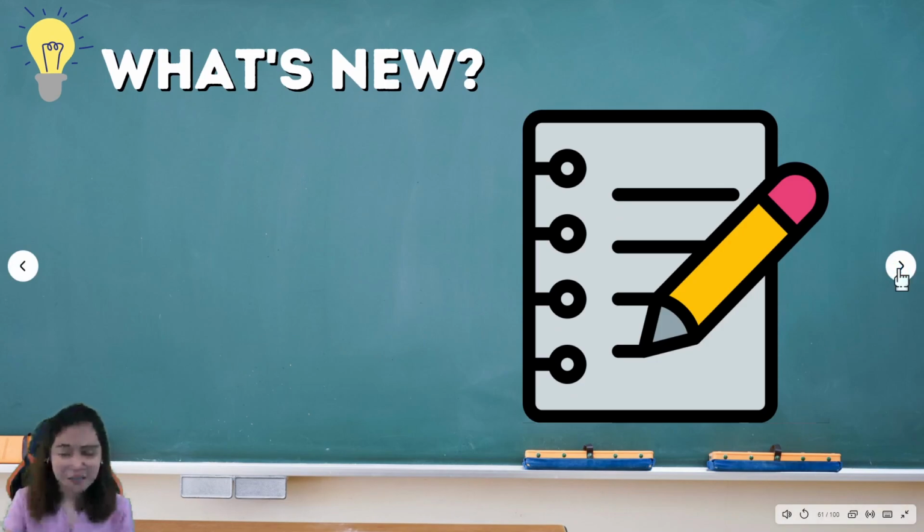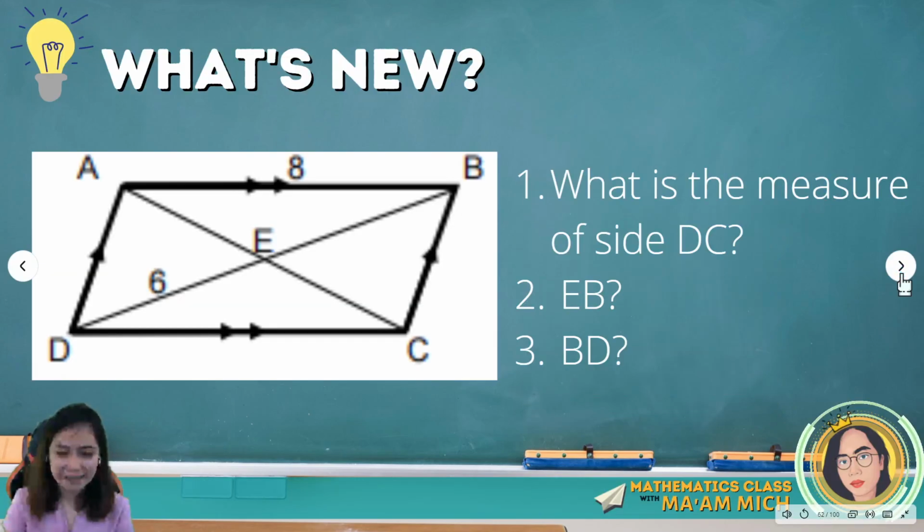Prepare your notebook and pen. Let's explore this parallelogram ABCD. Based on what you have observed earlier, what is the measure of side BC? Let us use the property or properties of a parallelogram.